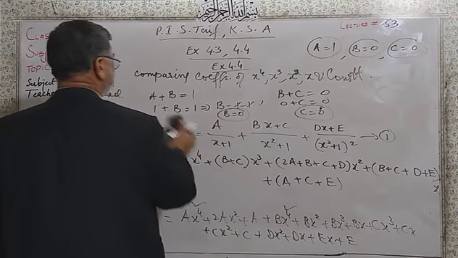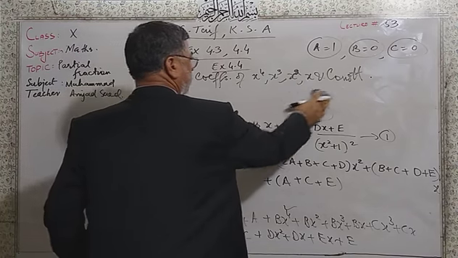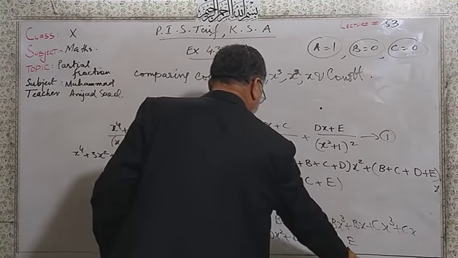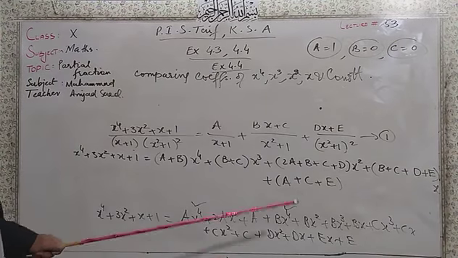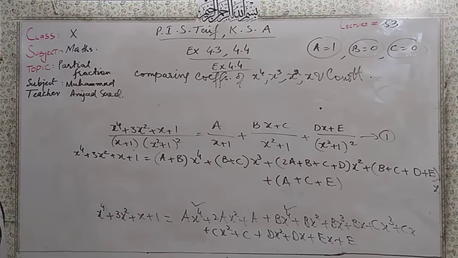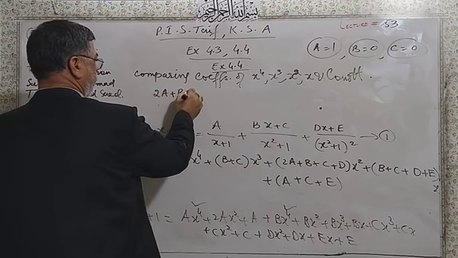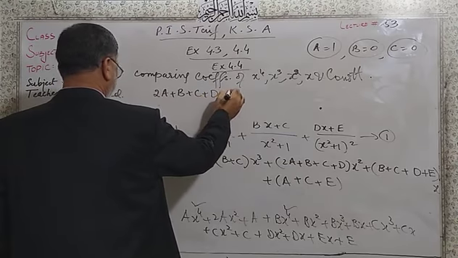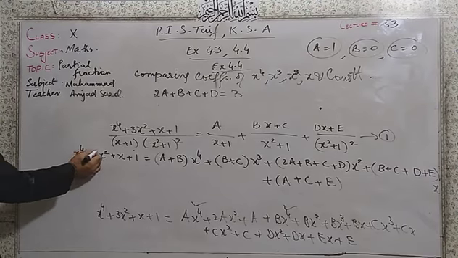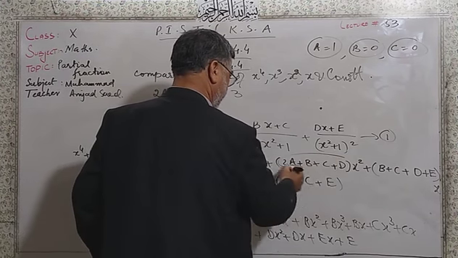After that, we will have the coefficients of x squared. 2a plus b plus c plus d is equal to 3. Coefficient of x squared is 3 here.